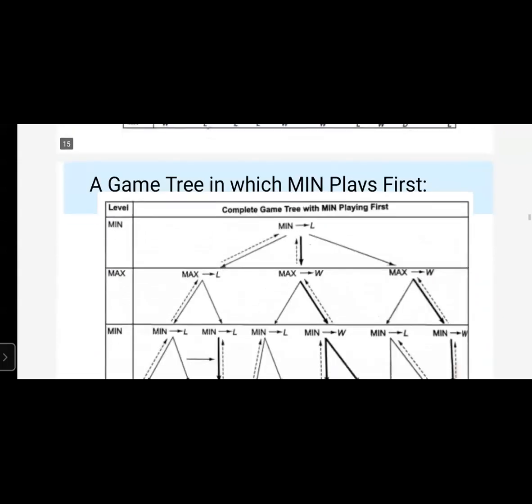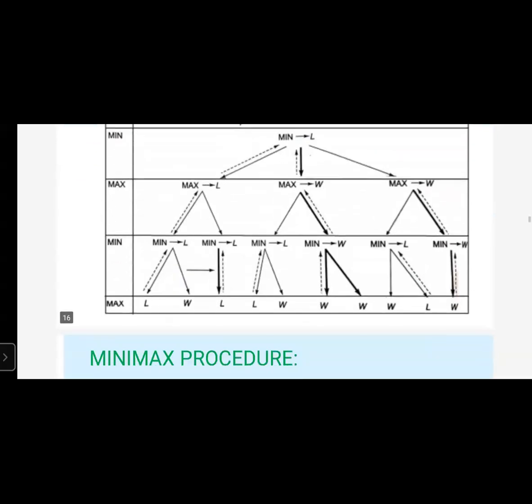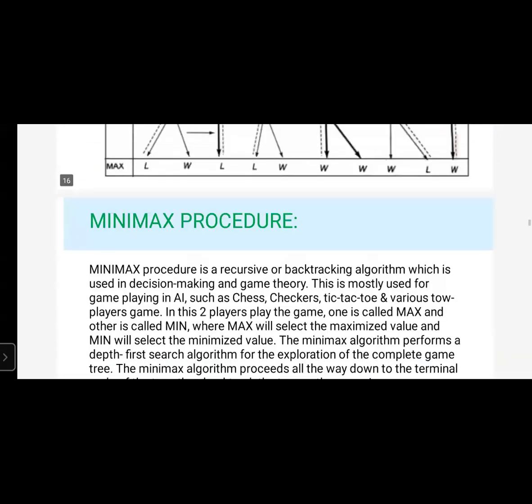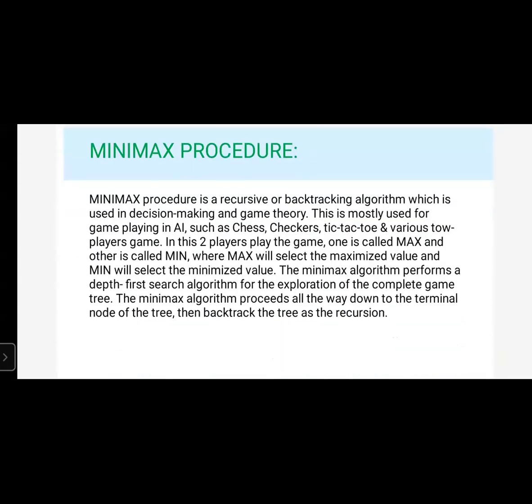Next one, a game tree in which min plays first. If min plays first, then the moves will be like this: the winning moves, or losing moves, or draw moves. Okay. Now see this one, the minimax procedure. This minimax procedure is a recursive or backtracking algorithm which is used in decision making and game theory.